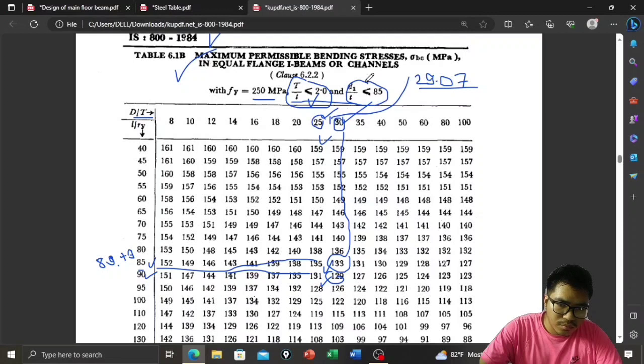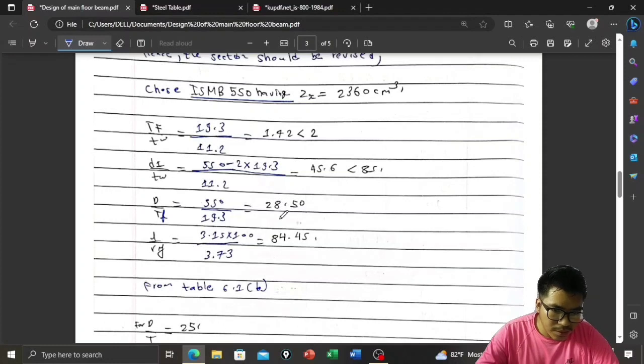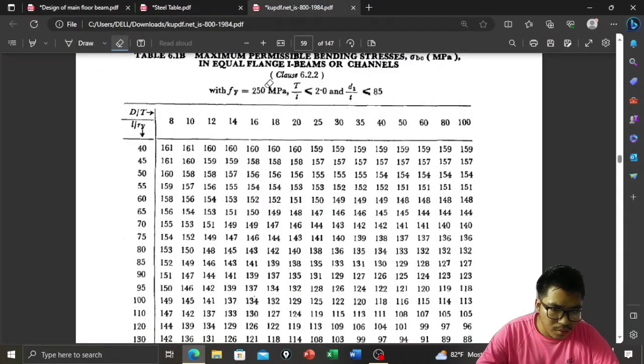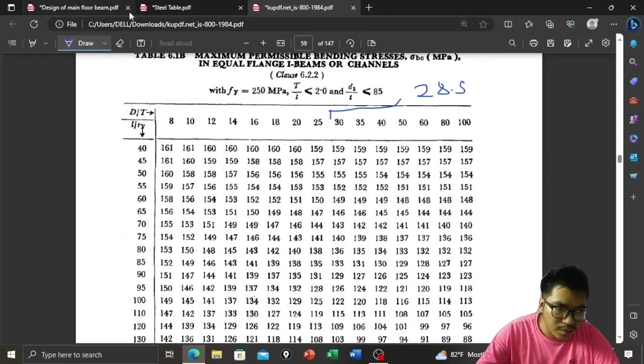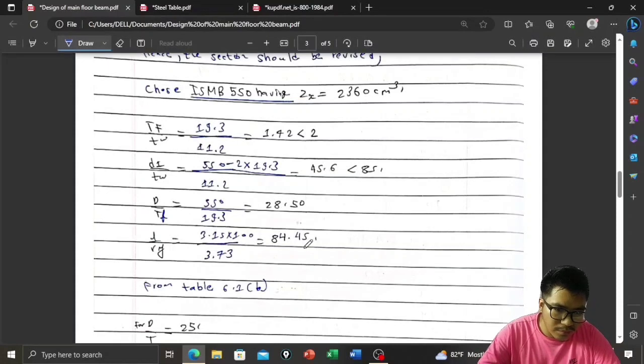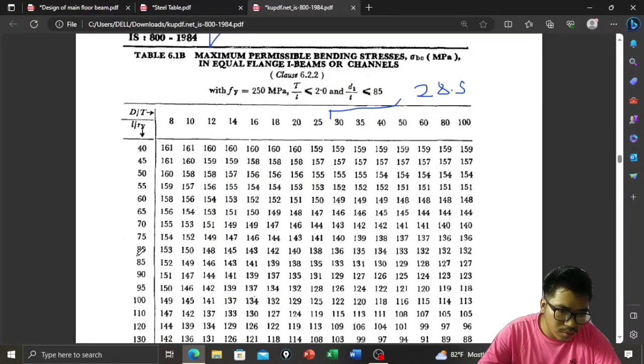So again we use this table 6.1b. D by T is 28.5, which lies between 25 and 30, and YAL by RY is 84.45, which lies between 80 and 85.